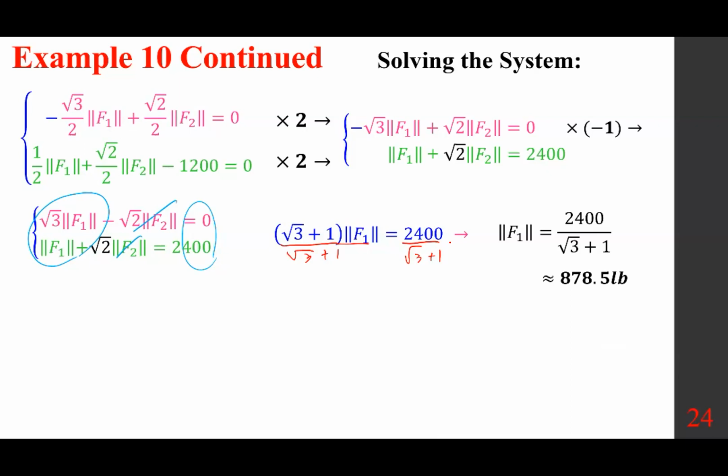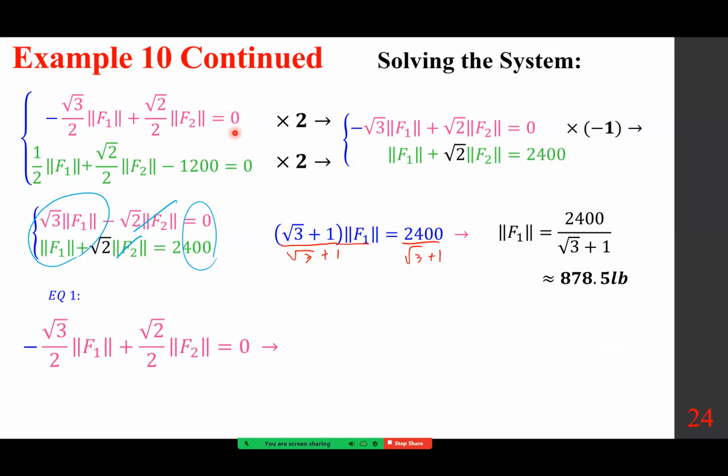And the second one, you have to use one of the original equations. For example, if you go with equation number 1, this one, the relationship between these two is that this is the same as this one, moving to the other side, divided by square root of 2 over 2. I hope you can make this transition. First of all, you can drop 2.